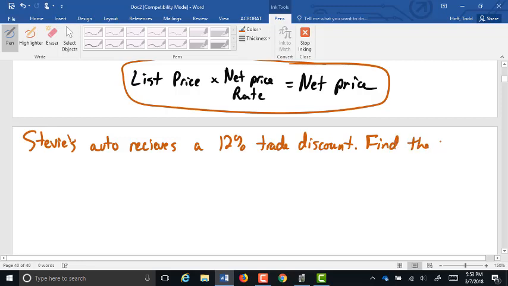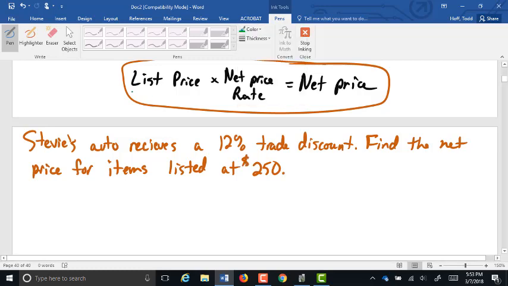Find the net price for items listed at $250.